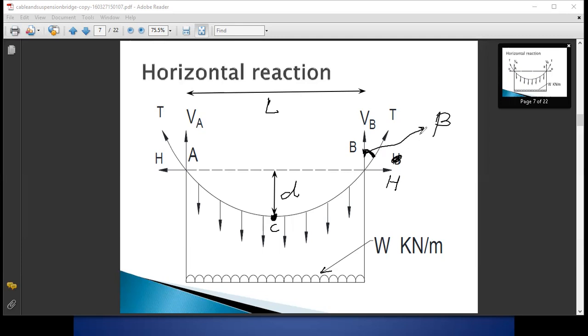Please draw this diagram. Diagram is over. Yes, sir. Okay.